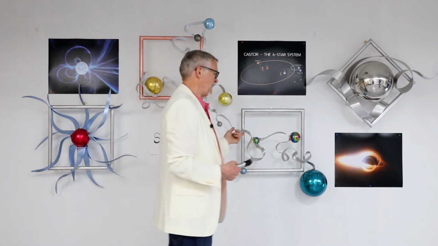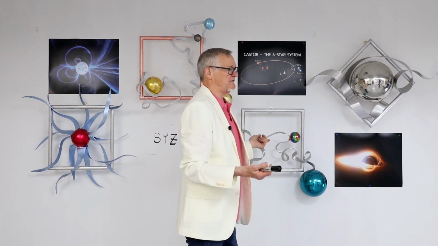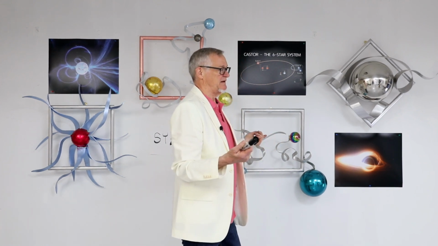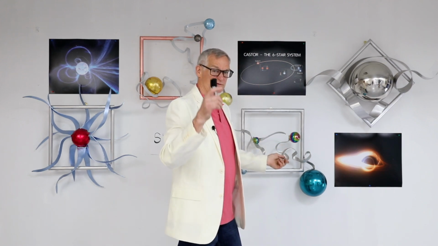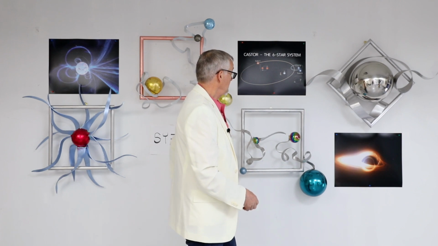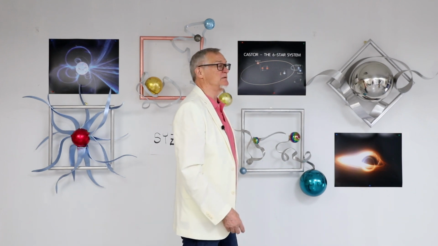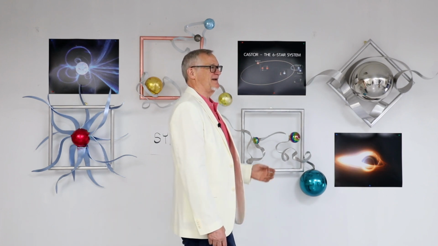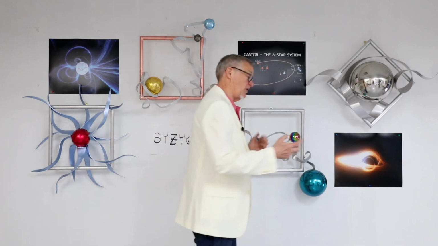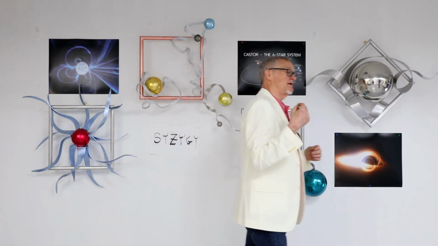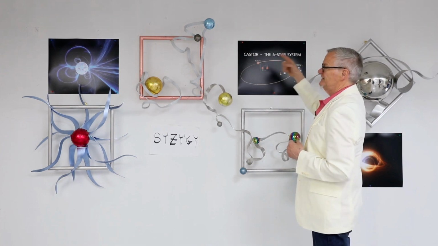This is Castor. For centuries, it's the second star in the Gemini constellation. And for centuries, we saw it as one star. And with more advanced telescopes, particularly the Hubble, it turns out it's actually six stars, all in orbit around each other. So in more primitive telescopes, we saw it as one star. It's actually six.